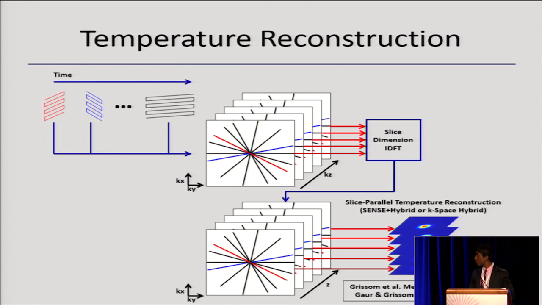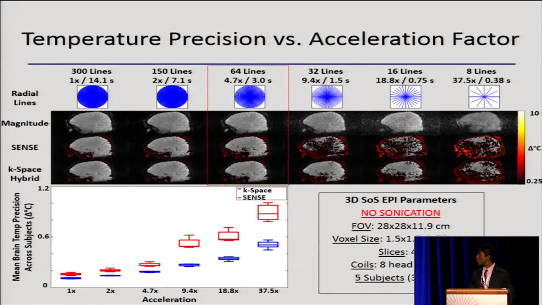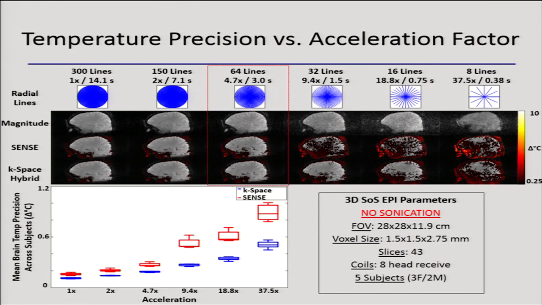In this talk, I'll be focusing on a technique that our lab previously published called a k-space hybrid technique, which is basically a constrained temperature reconstruction technique which permits higher acceleration than would be possible with other acceleration techniques like parallel imaging.